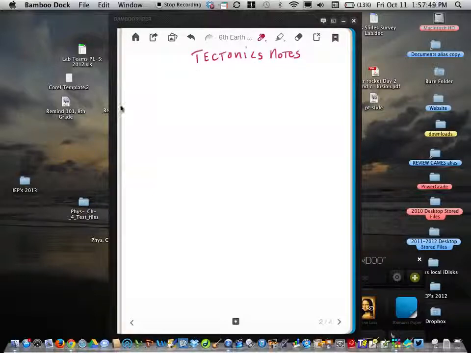So really, the idea that the plates of the Earth are moving goes back to Alfred Wegener, as it talked about in your book, the German scientist who first proposed the idea of continental drift.